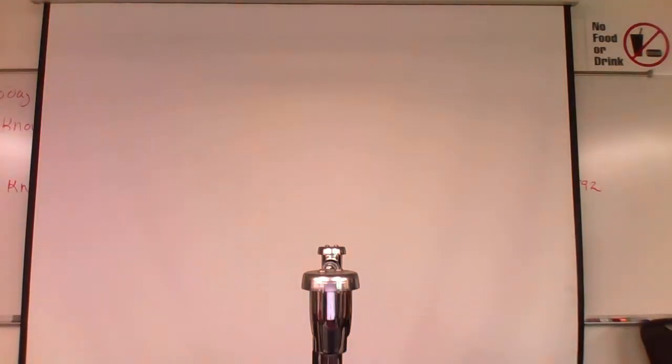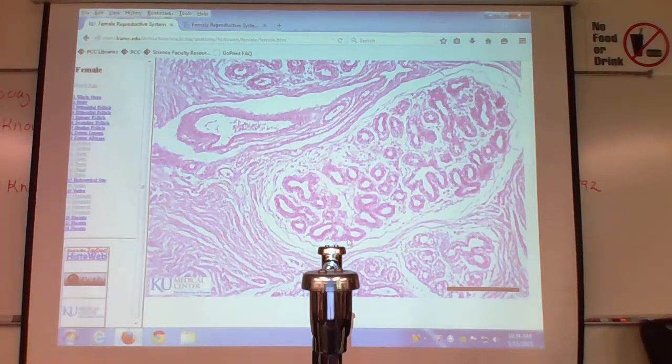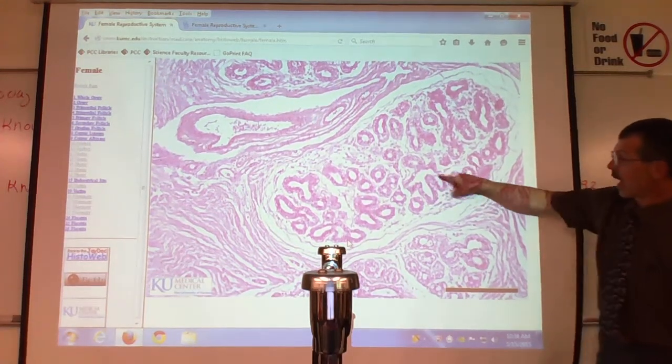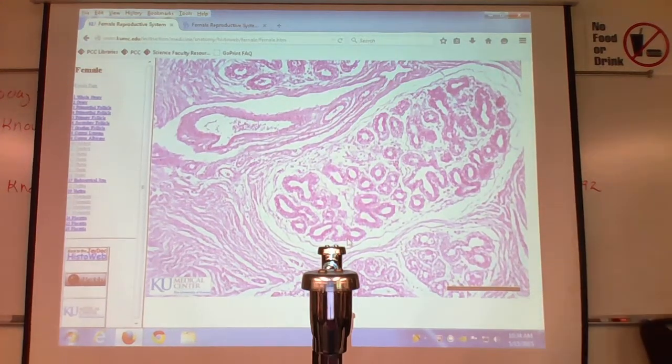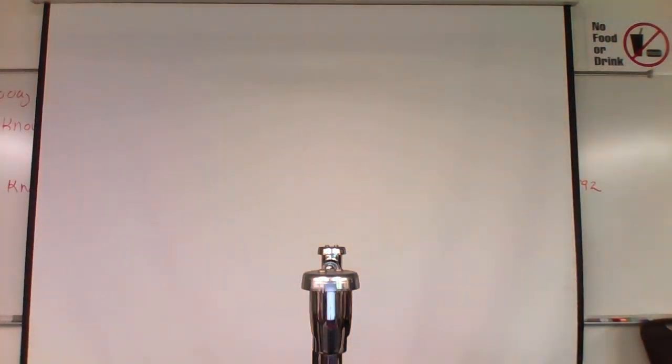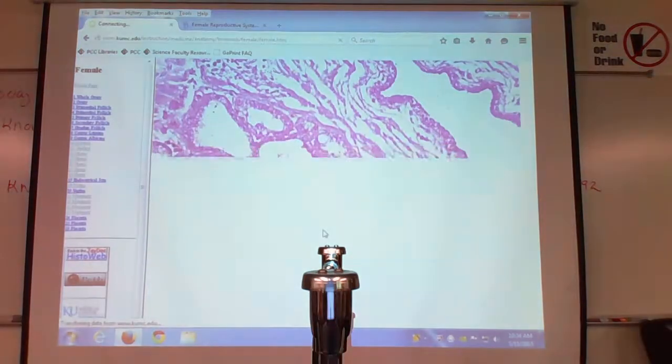If you're lactating, what do you think happens to them? They grow, right? As you get closer and closer to birth, the rings begin to expand. They start to gain size. They're growing with milk. And then if you were actually lactating, they would look like this.